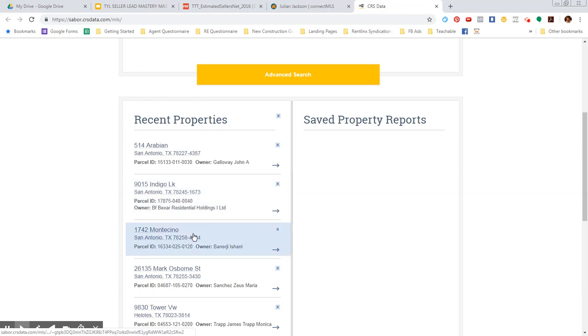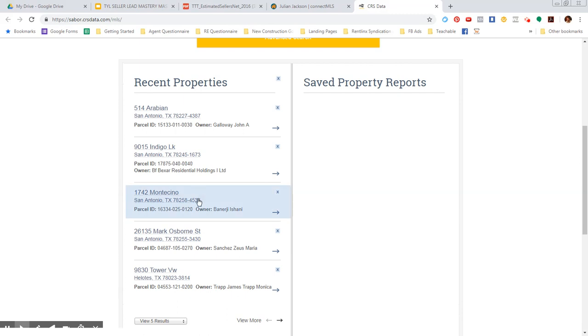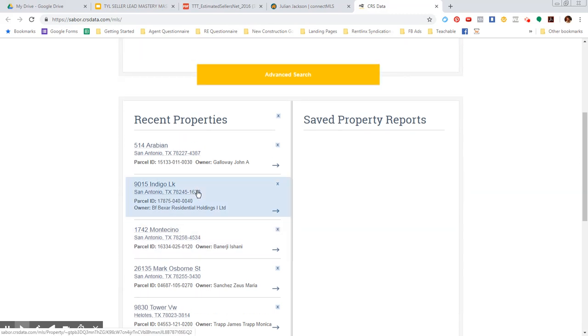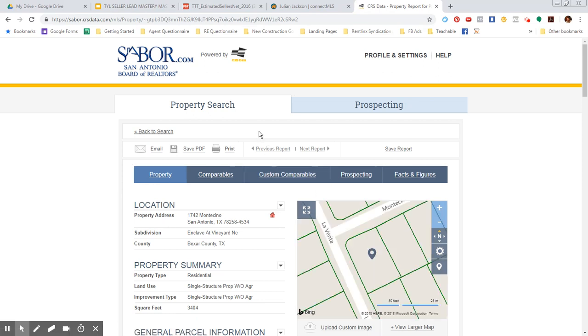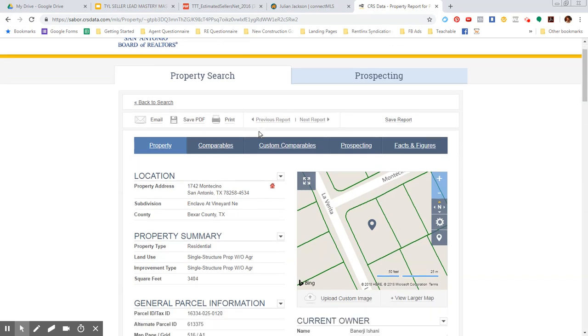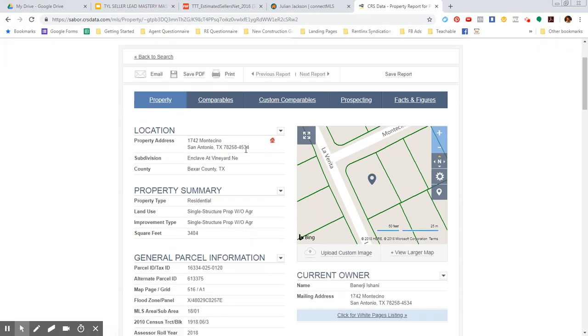And for me, I'm going to look at, whatever. I've had a couple of properties that I've looked at already in the past. So let's just say, I'm going to go with this one. This Monticello property, or Montesino Drive property, seems to be close to what we're looking for.